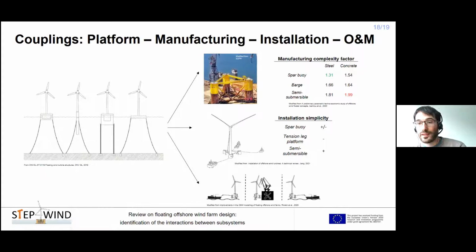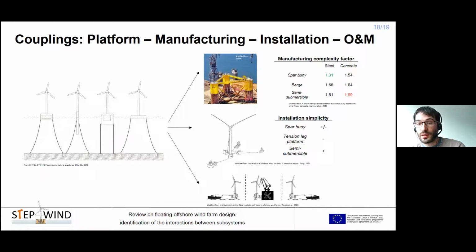The third relevant interaction is between the platform design and manufacturing cost, installation and O&M cost, with different platform concepts having better performances in different aspects. For instance, Powerbuoys have a relative advantage when it comes to manufacturing complexity, while semi-submersibles have a relative disadvantage.